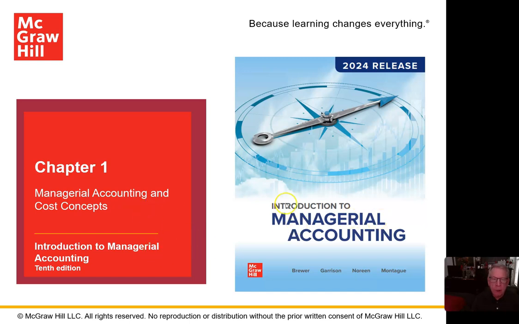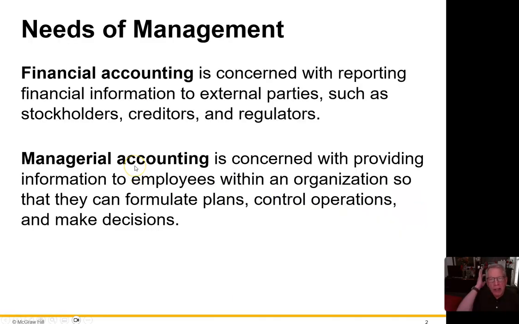And here, we're going to take a look at what financial accounting is, and of course it's concerned with reporting financial information to external parties, such as stockholders, creditors, and regulators.